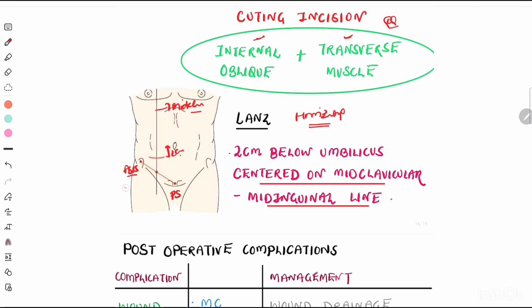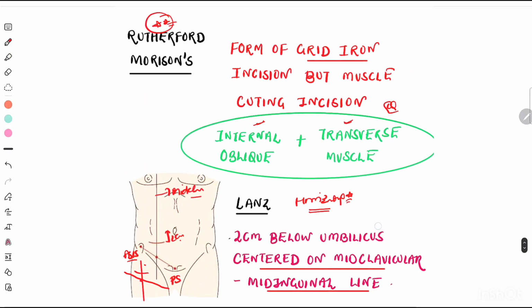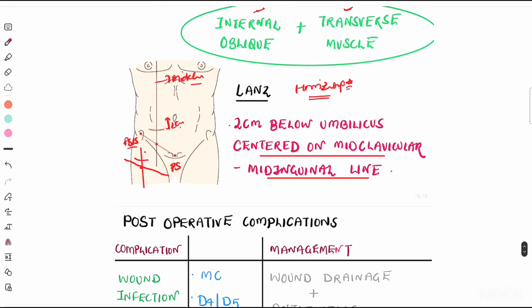We draw a line between these two and draw the mid clavicular line here. So here is the point, and we put a horizontal incision 2 centimeter below the umbilicus. So this is the Lanz incision, which is horizontal. In the gridiron and Lanz incisions there is no muscle cutting. Muscle cutting is present only in the Rutherford Morrison incision.